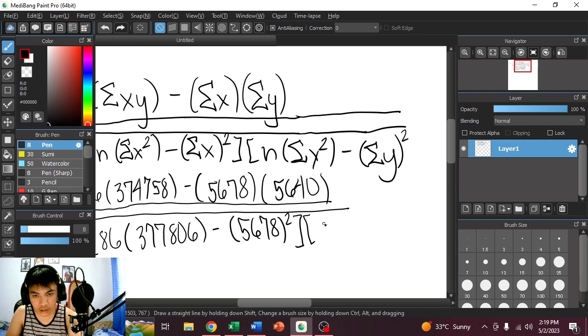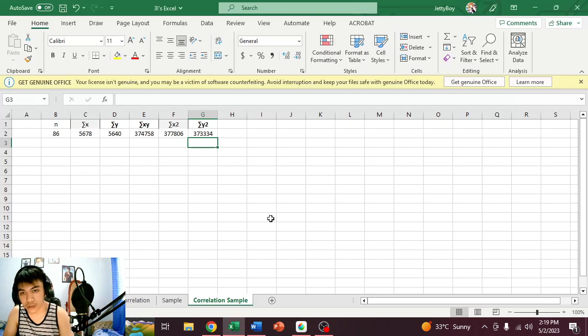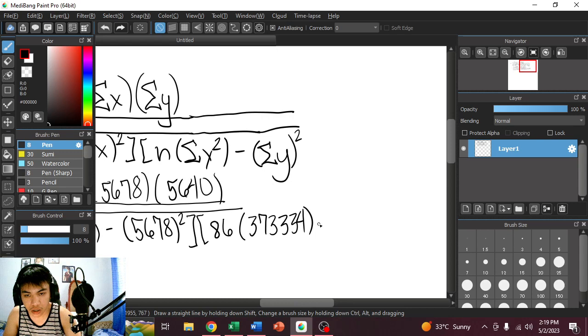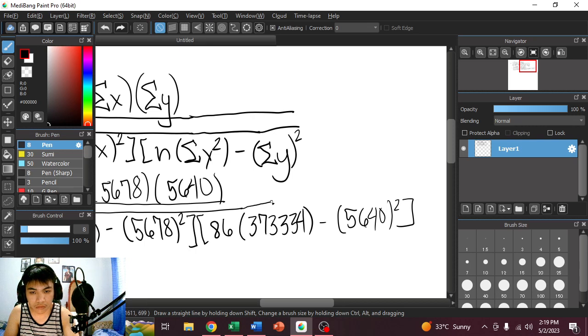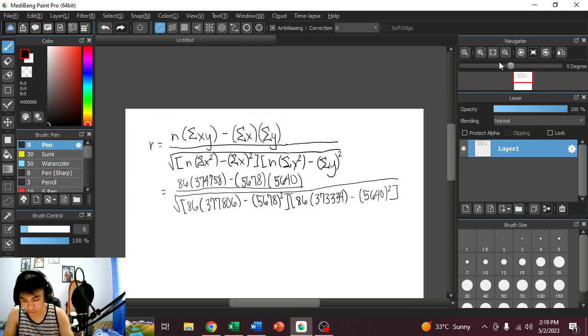This part, 86 times summation of y squared is 373,334, minus the summation of y quantity squared, this. Let me just put all of those in the calc.